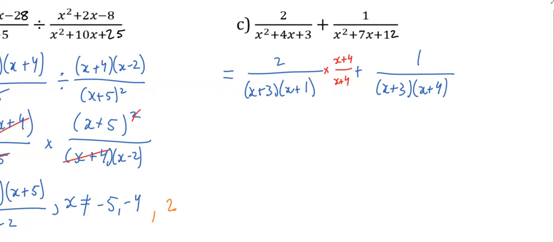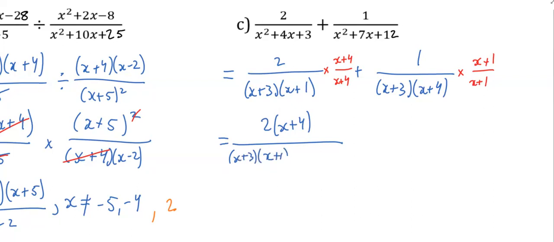And this one has x plus 3 and x plus 4, but it's missing x plus 1, so I have to multiply by x plus 1 over x plus 1. So 2 times x plus 4 over x plus 3, x plus 1, x plus 4, and 1 times x plus 1.